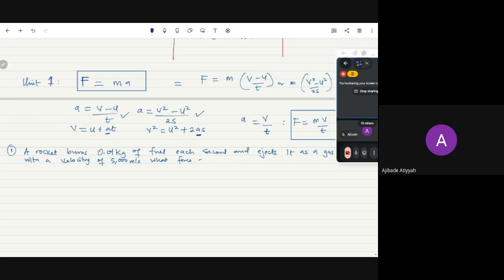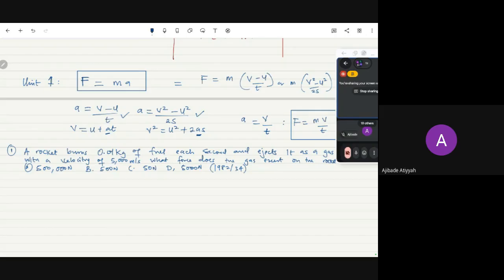What force does the gas exert on the rocket? A, 500,000 Newton. B, 500 Newton. C, 15 Newton. D, 5,000 Newton. This is 1982, question 34.